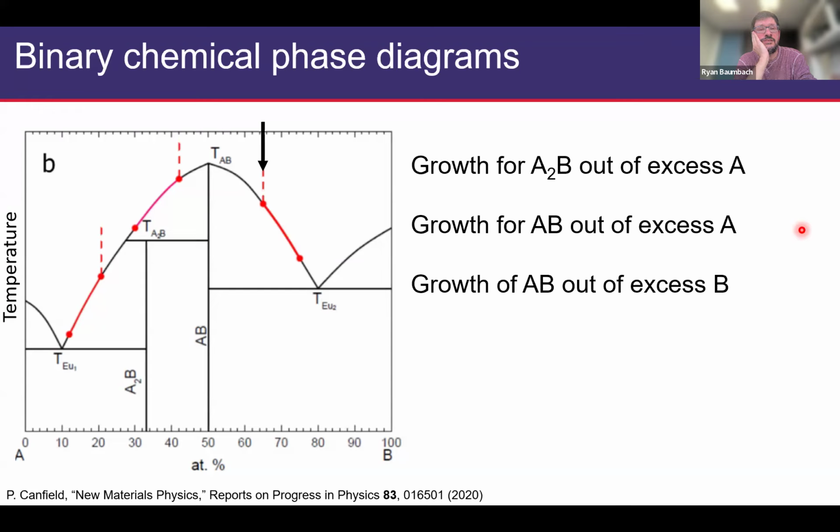The line, which I believe is called the liquidus line, will continue to drop, and that'll just keep happening until we reach the eutectic on the right-hand side. Did that answer the question?